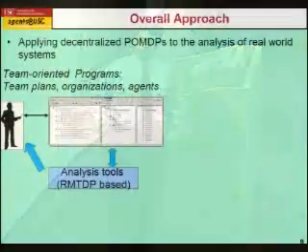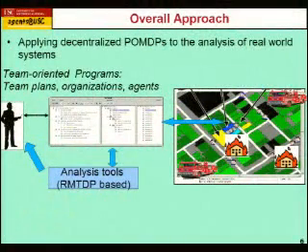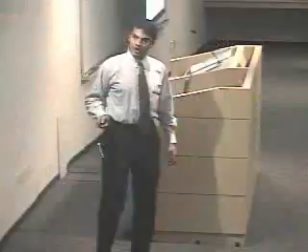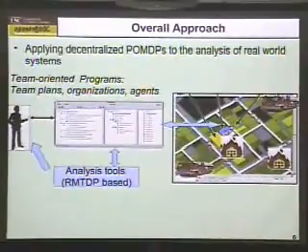And I'm going to provide tools, RMTDP-based tools, which can make improvements to this team plan, come up with an improved team plan which can then be applied in a realistic scenario. So this is RoboCupRescue. I'm going to run a short demo now to show how the improved team plans perform.